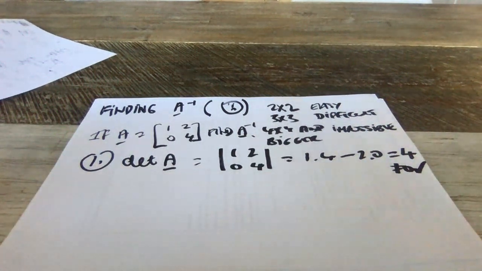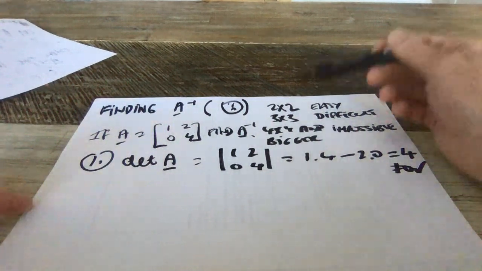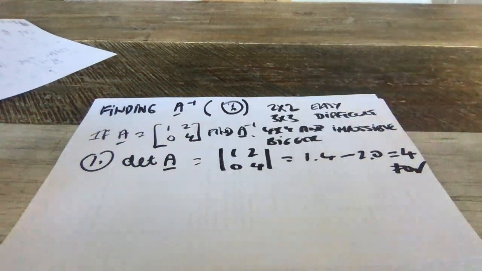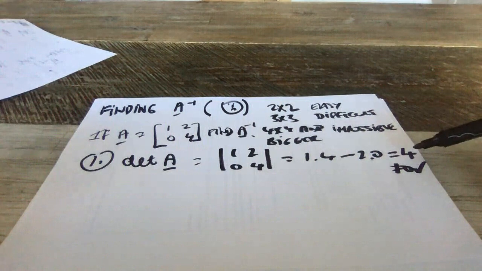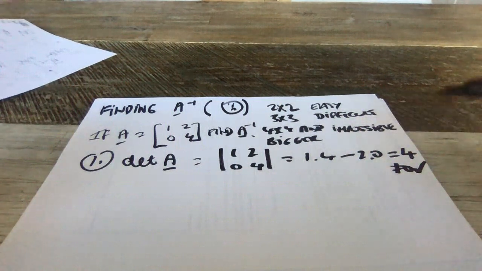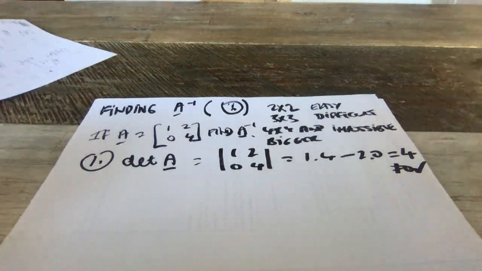If the determinant of A is equal to 0, there is no inverse. You cannot find it, so you just walk away. That is an extremely important idea. For any size of square matrix, if the determinant is 0, there is no inverse. In this case, because the determinant is 4, not 0, you can find the inverse.